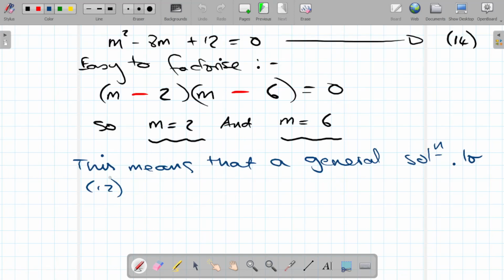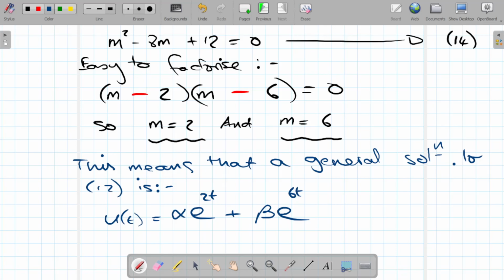Yeah. Is u of t equal to, we'll call it alpha. There's always a constant of integration. So we'll have alpha times e to the 2t plus beta e to the 6t. Right. We're nearly finished now.